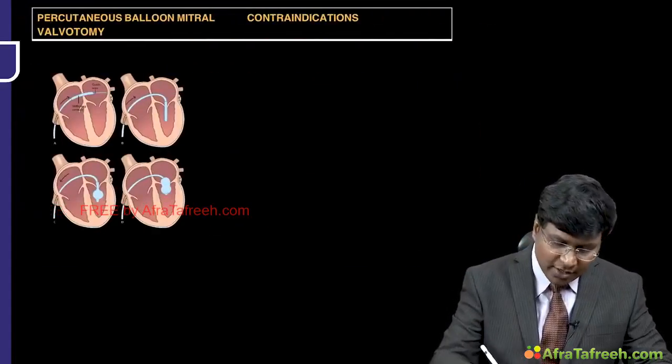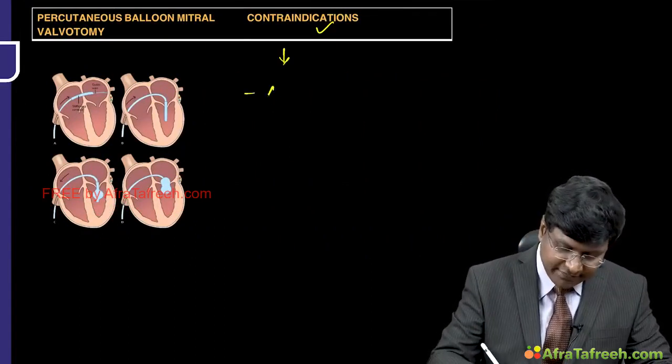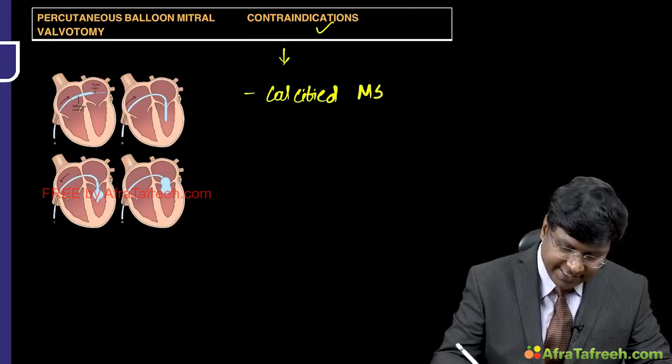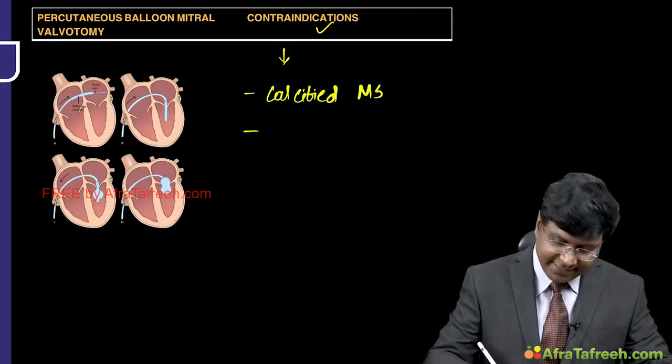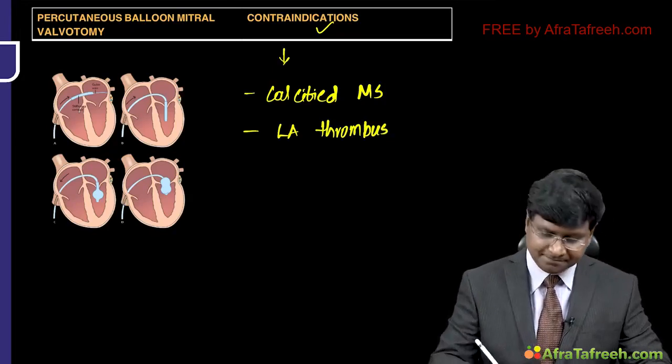Now, there are certain contraindications for doing this PBMC. If the individual is having calcified mitral stenosis, then it's an absolute contraindication. If there is presence of LA thrombus, that is also a contraindication for PBMC.